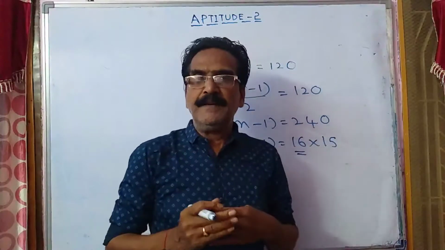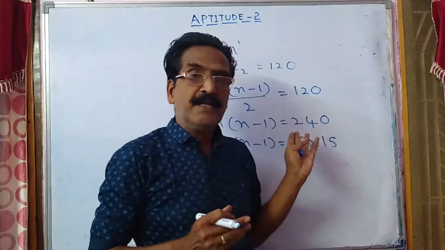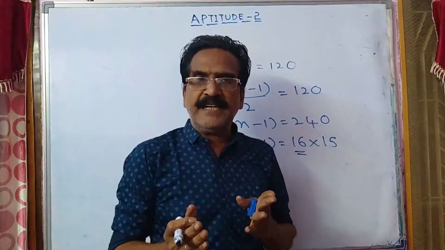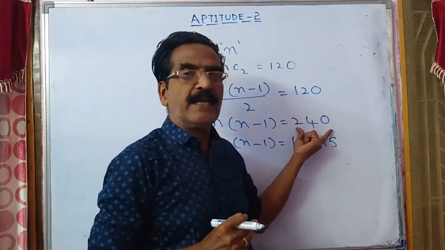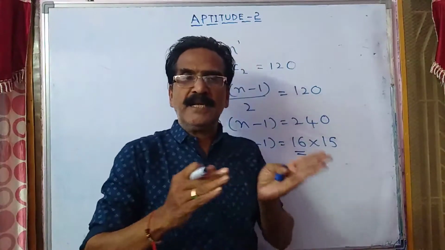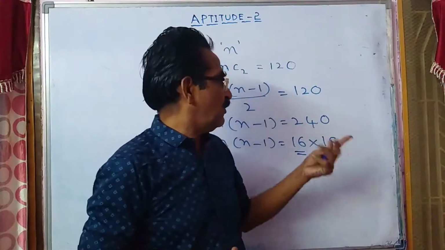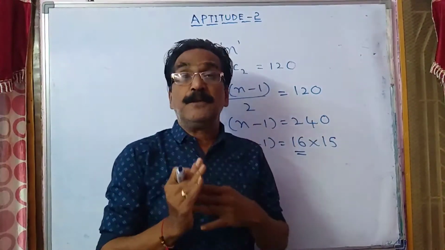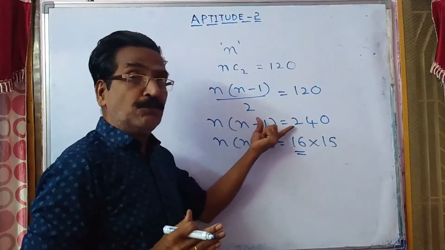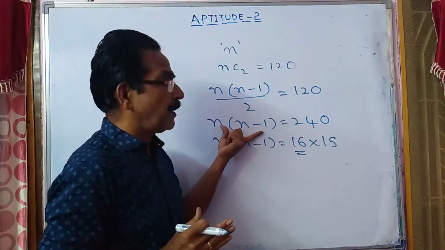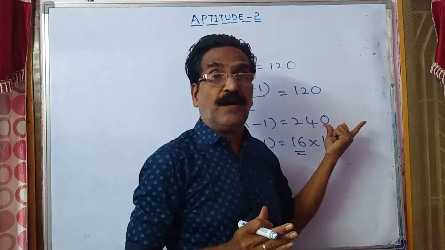240 lies between 15 square and 16 square. You have to check the product of 2 consecutive numbers that gives 240.